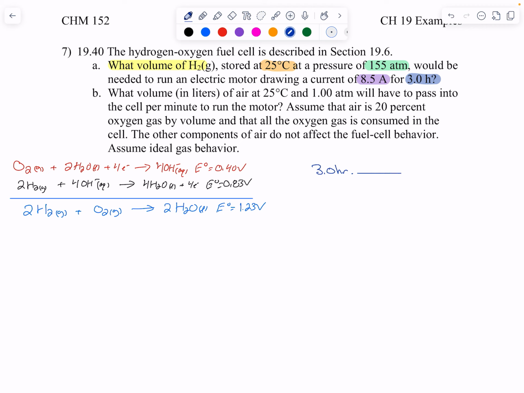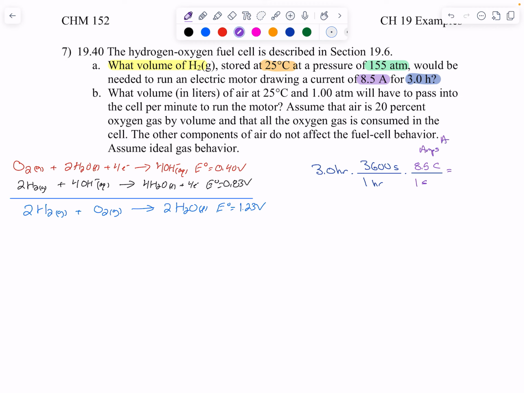We know 1 hour is 3,600 seconds, and for every 1 second there's 8.5 coulombs. That's the amps.